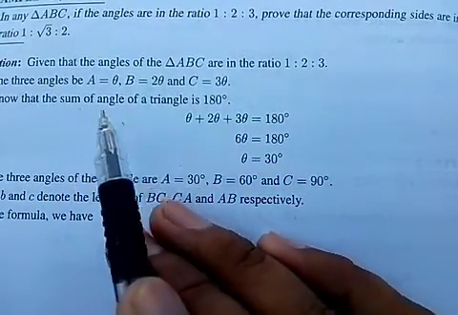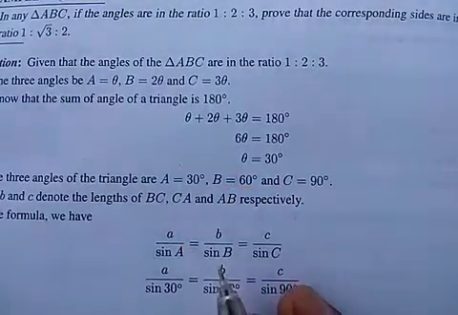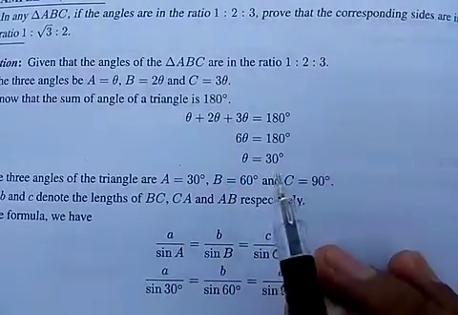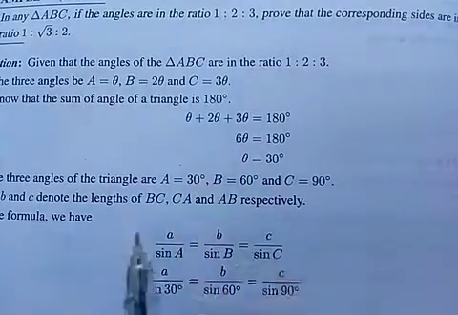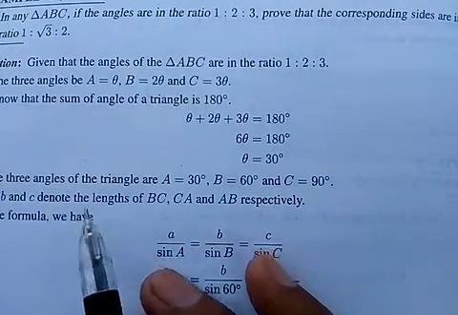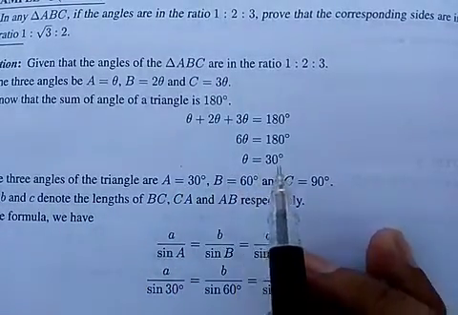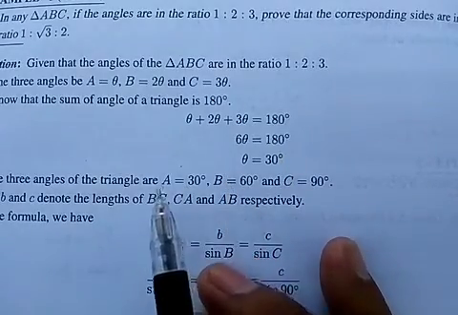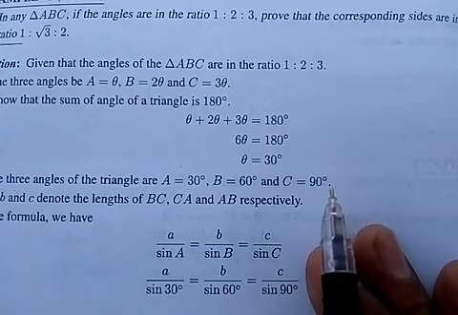Applying the sum of angles of a triangle property, we can find theta equal to 30 degrees, because angle A plus angle B plus angle C equal to 180. Then A equal to 30 degrees, B equal to 60 and C equal to 90 degrees.